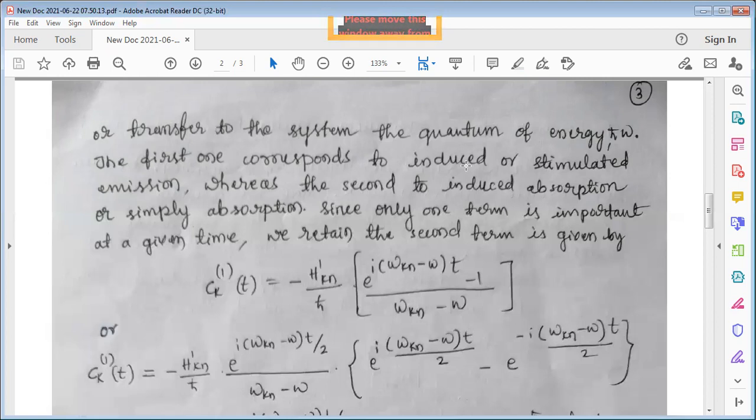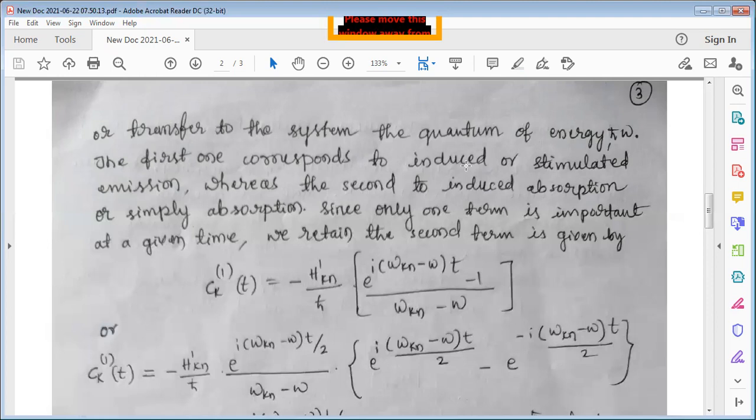In the case of induced absorption, the atoms will initially be in the ground state, and when you supply energy externally to the system, that energy is absorbed by the atoms present in the ground state, and they go to the first excited state.